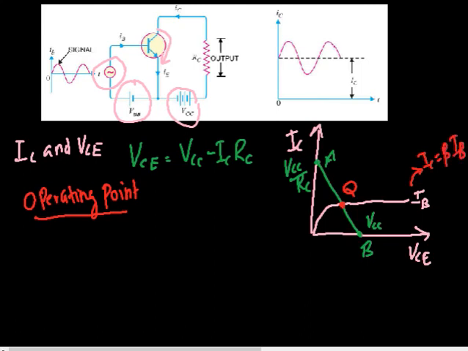So by knowing IB, we can obtain IC. From IC, we can determine the DC load line, and we can determine the operating point Q.